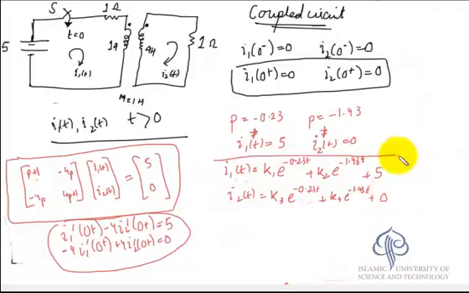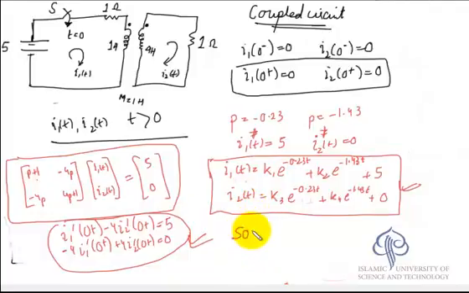So these are the two solutions that we have, and these are the four initial conditions that we have. Put the initial conditions into the solutions, not the differential equations, and find the values of k1, k2, k3 and k4, and hence the problem is solved.